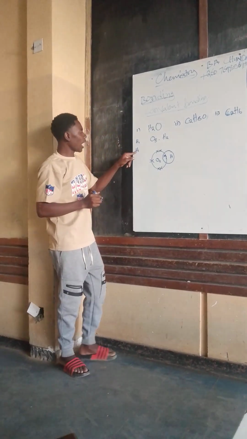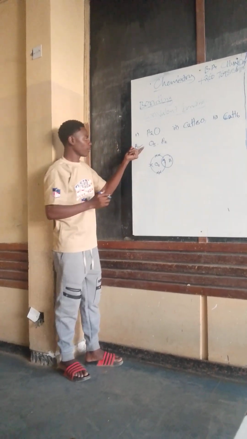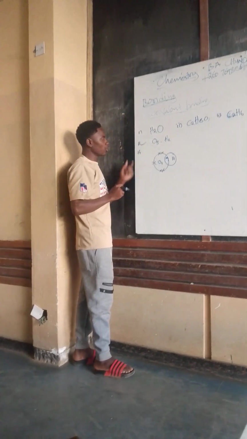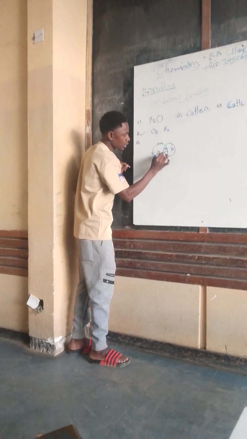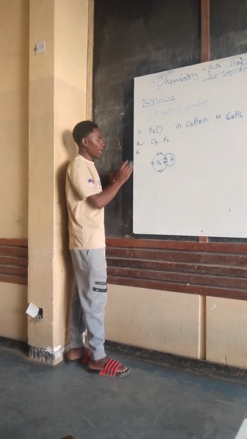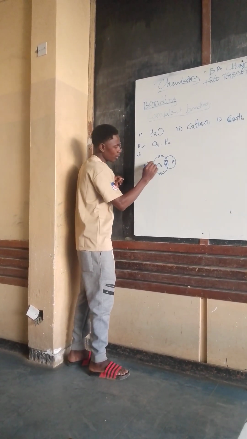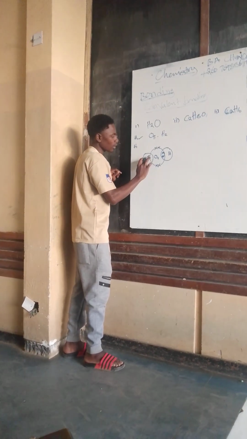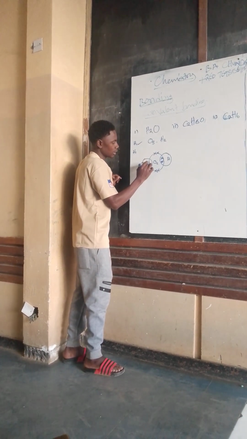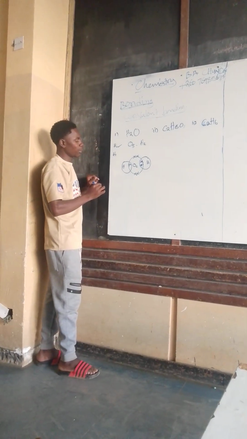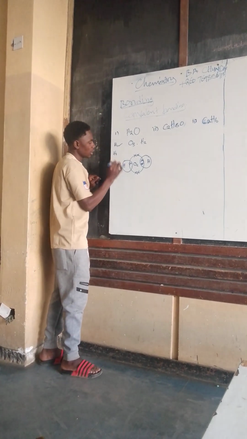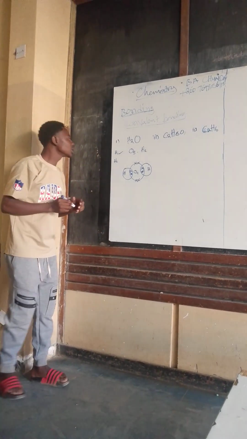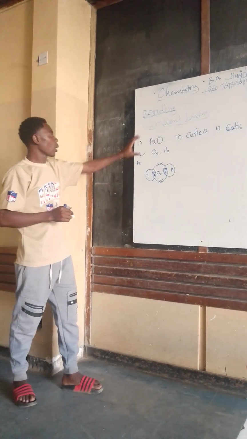Then the electron for hydrogen, we are going to put it there as a dot. And we come to this other one, it will appear somewhere there. That is the bonding in the water molecule.